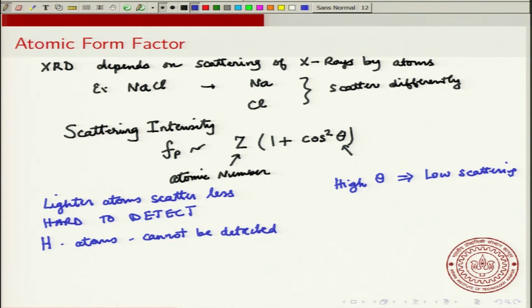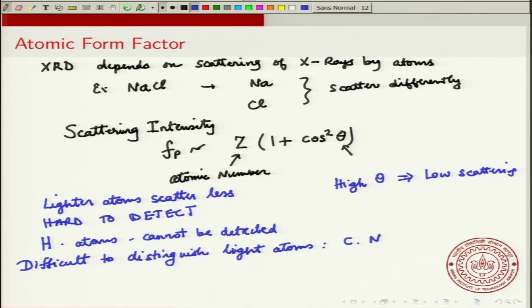The other point is that it is difficult to distinguish light atoms such as carbon, nitrogen, oxygen, which have very similar atomic masses.